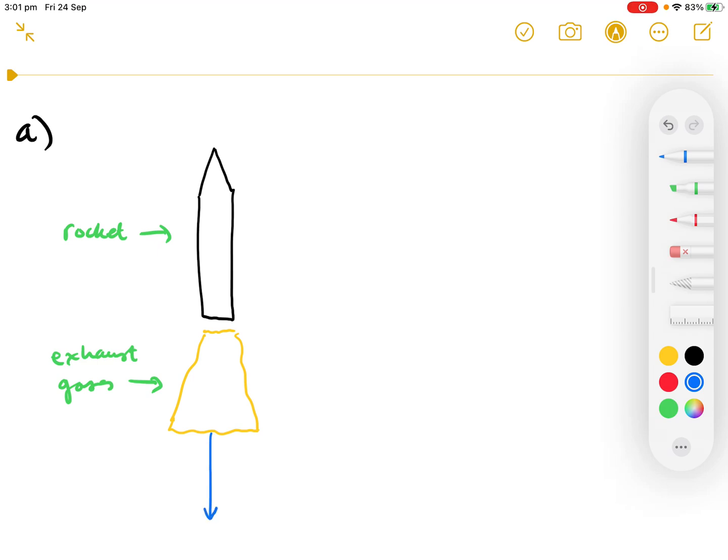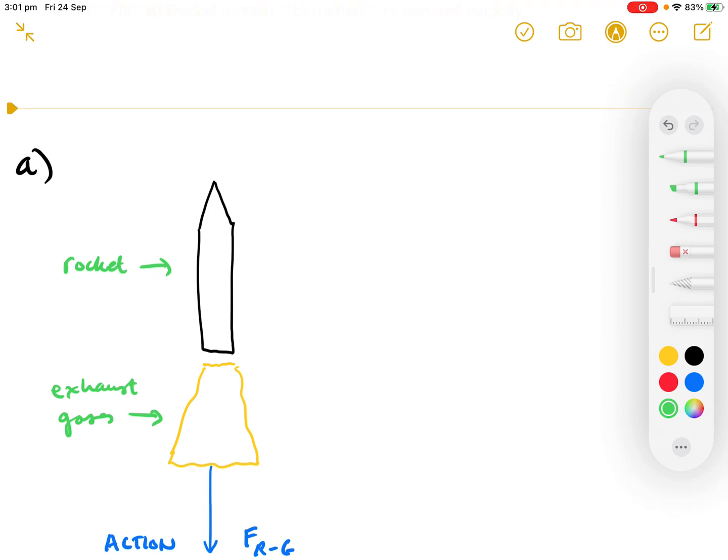And as I'm sure you know from National 5, there's an action force. It's the force of the rocket on the gases as the gases get pushed out the back, and there's a reaction to that. Newton's third law reaction.